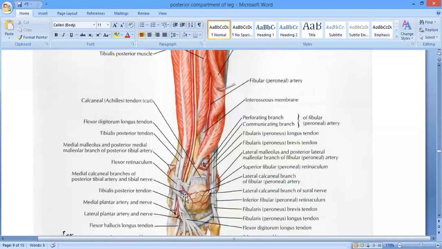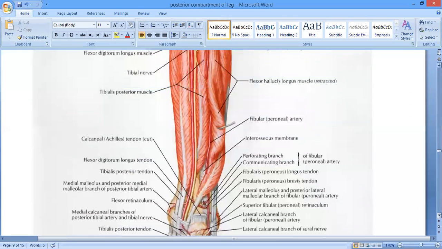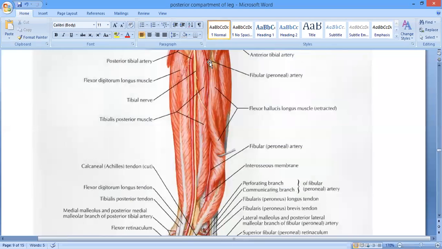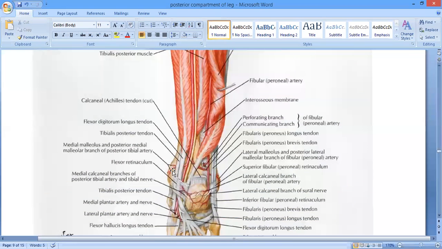And ultimately, number 6 or 7, it is going to give the terminal branches. Okay ji, is there any problem? Who will enumerate the branches of the posterior tibial artery for me, ji? Number 1, circumflex fibular artery. Number 2, peroneal artery. Number 3, muscular branches. Number 4, nutrient artery to the tibia. Nutrient branch. Okay? Yes. Number 5, medial malleolar branches, which make the anastomosis around the medial malleolus.